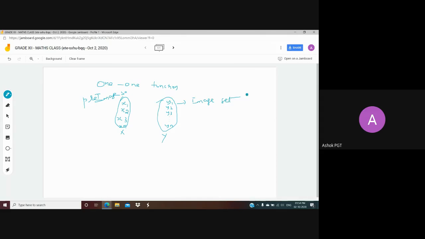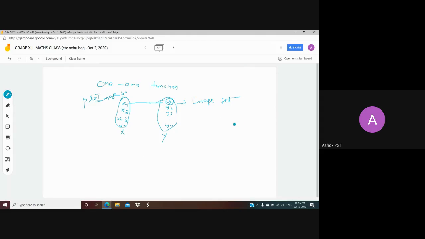Students, please listen very carefully. The output y1 should have only one pre-image. The image must have only one pre-image. It cannot have more than one pre-image. y1 should be related to only one pre-image.